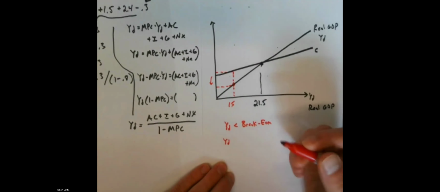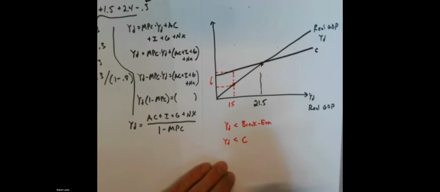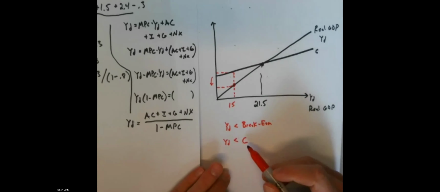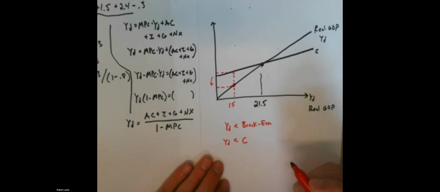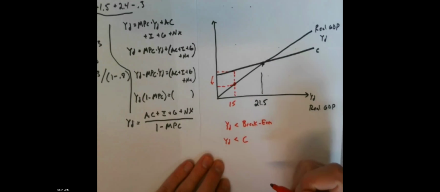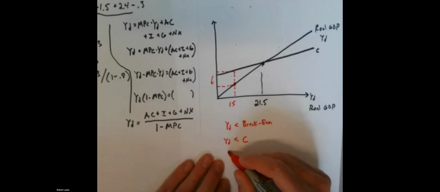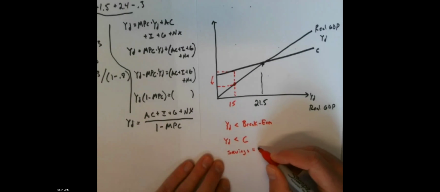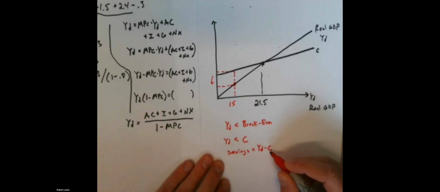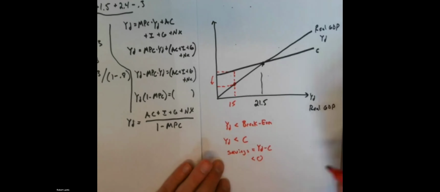If real GDP or our disposable income is less than our actual consumption, that means we're buying more than what we have, or consuming more than the products we've produced. If consumption is larger than current income, my savings, which is my disposable income minus consumption, has to be less than zero, so I have negative savings.